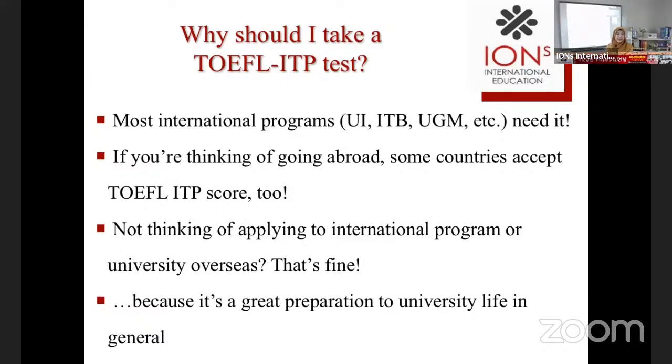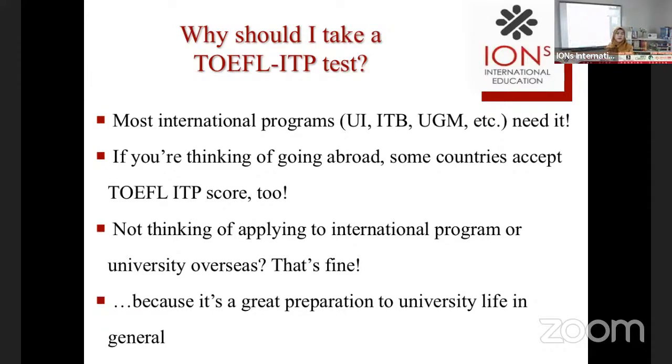Jadi biasanya paling rendah requirement-nya minimum 450 kalau universitas. Kemudian mostly itu 500. Oke, jadi teman-teman harus kira-kira 500 supaya aman. Itu sudah aman. Sudah lega, nggak perlu khawatir.